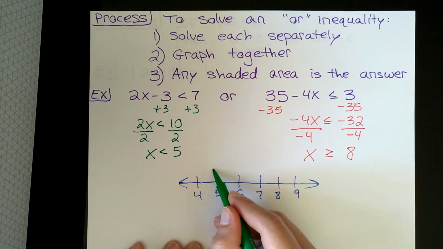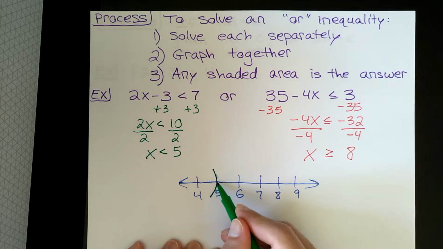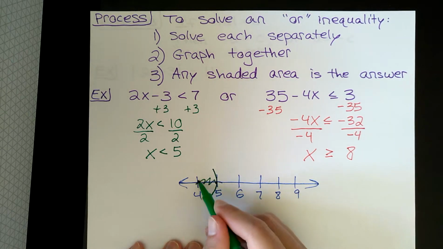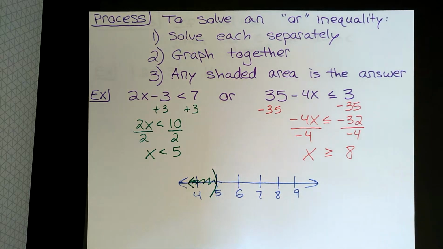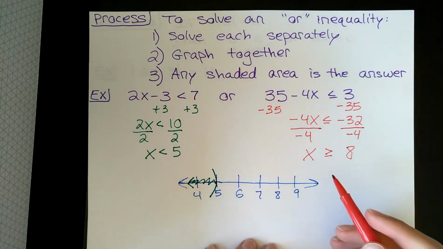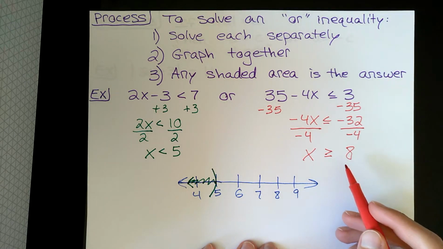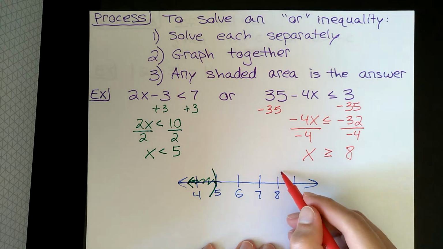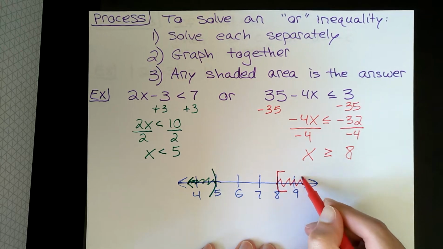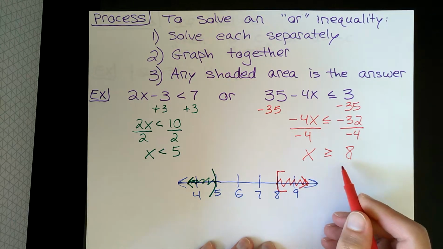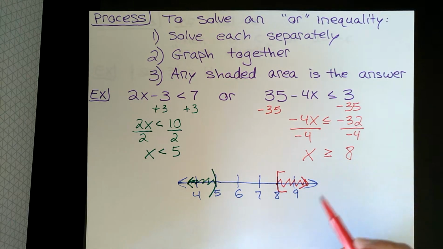So we want a parenthesis at 5, opening to the left, because everything to the left will be shaded. And now x is greater than or equal to 8, means we want a bracket at 8, and we are shading to the right, because we want everything to the right of 8, everything greater than 8.